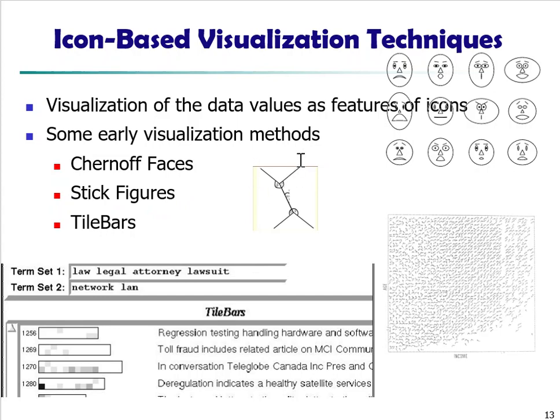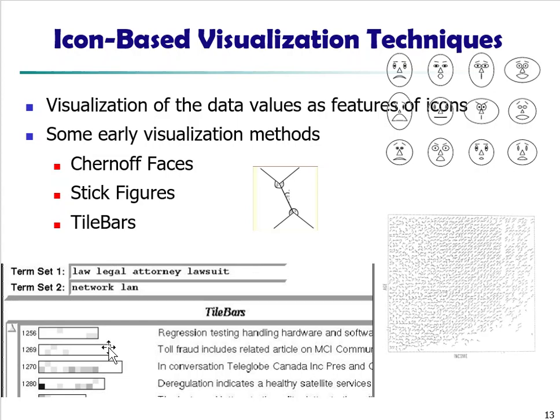So here it's a little figure representing a little person. The length, the direction, the angle that formed all represent certain features. Another example, tile bar, I don't think it's used today.